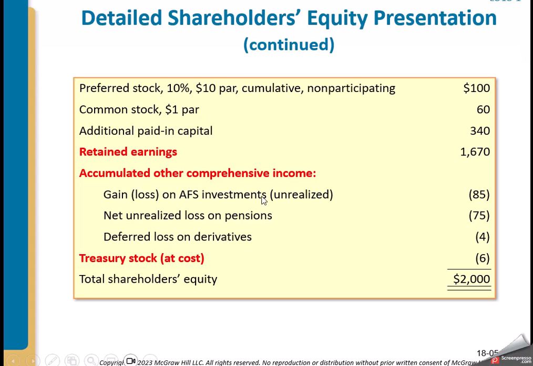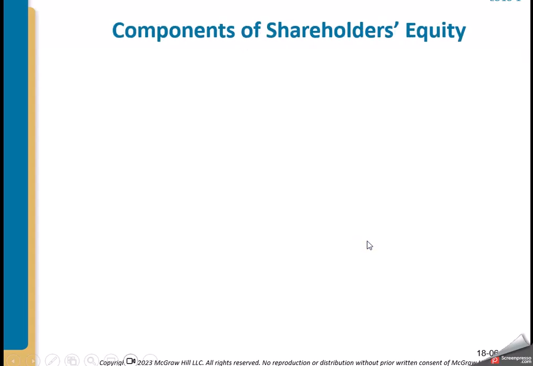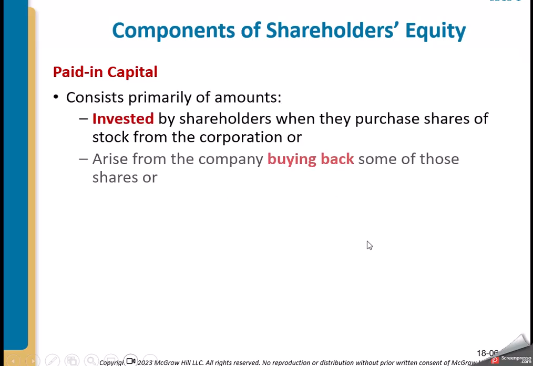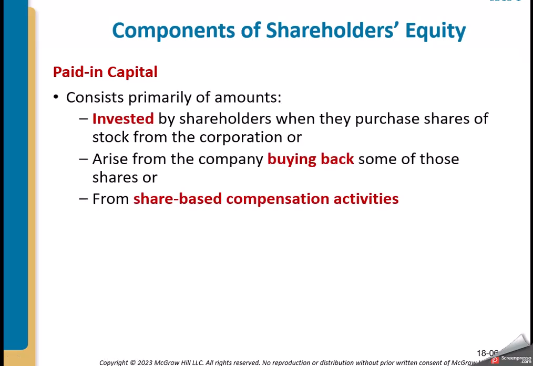They go into this other comprehensive income section of our equity section. Net unrealized gains or losses on our pension assets, and then any deferred loss on derivatives, which would be an advanced finance topic.